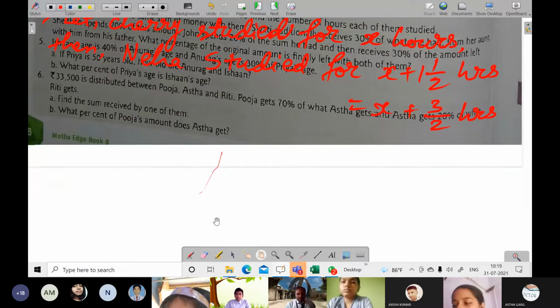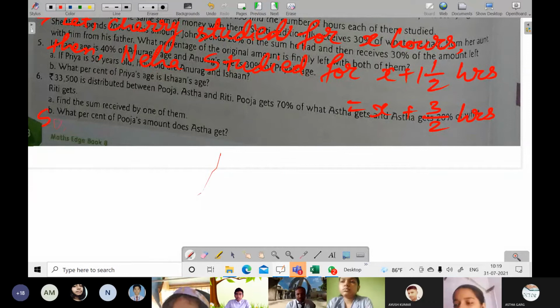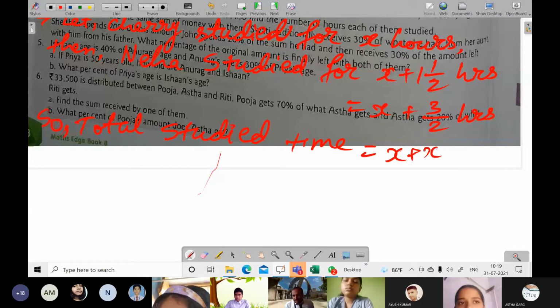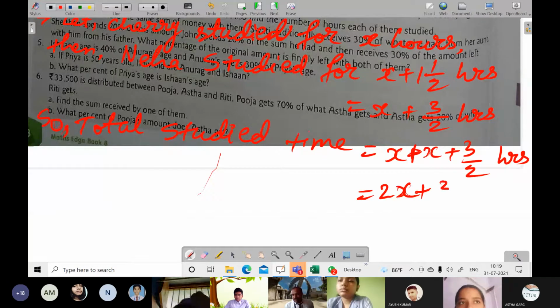Here total studied time is equal to x plus x plus 3 by 2 hours, that is 2x plus 3 by 2 hours.